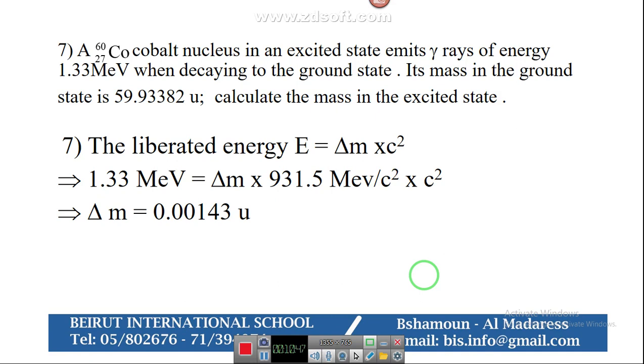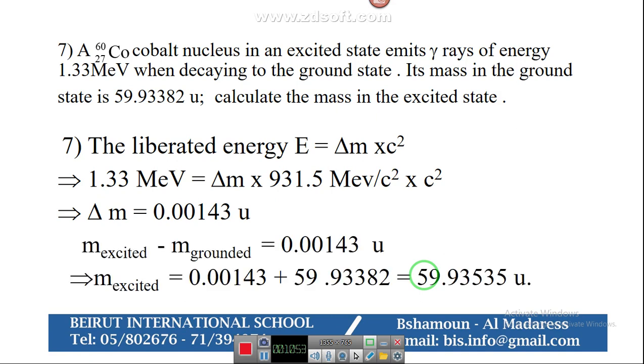Then the mass will be 0.00143 U. We know that delta M equals M of the reactant minus M of the product. It is equal also to M excited minus M ground. This means that M excited equals M ground plus delta M. It is equal to 59.93535 U.